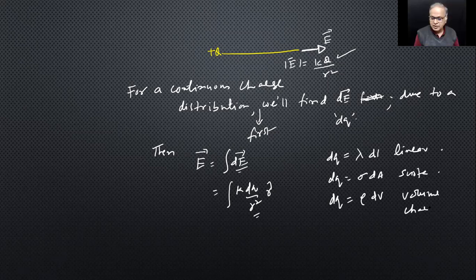All right. So this is going to be the method for all the values of the electric field strength we are going to find for continuous charge distributions. Now, how to do it? We'll take a few important standard cases and discuss them in detail.